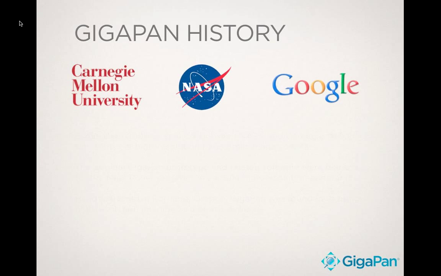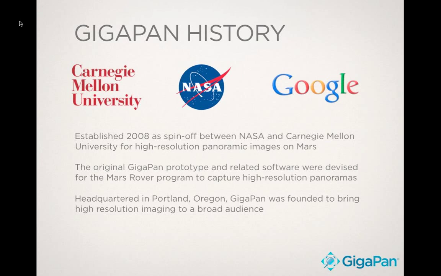A little history about Gigapan: we were established in 2008 as a spinoff between NASA, Carnegie Mellon University, and basically for high resolution panoramic images on Mars.